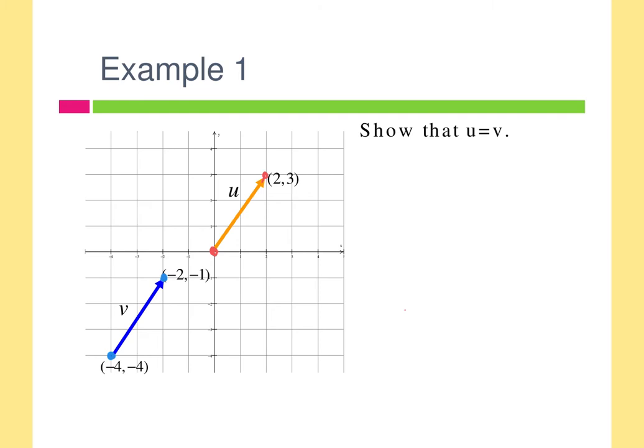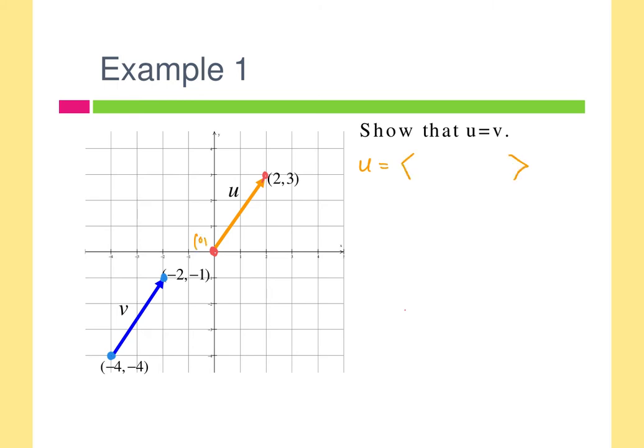So in order for them to be equivalent, they have to have the same magnitude and same direction. So we're going to find both. The magnitude of U, and again, that's the double absolute value bars, is equal to, actually, let me find the component form first, because that's normally how we do it. Component form of U is equal to the change in x.